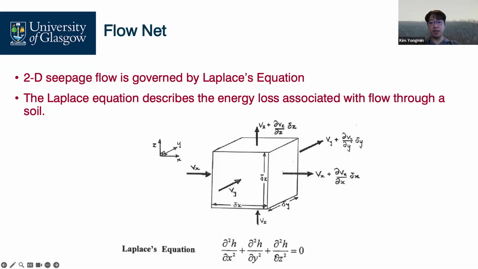In the heat flow, this h probably means heat, but in geotechnical, this is head. What head? Total head equals elevation plus pressure head. So this is the popular form of the Laplace equation for three-dimensional flow of water.